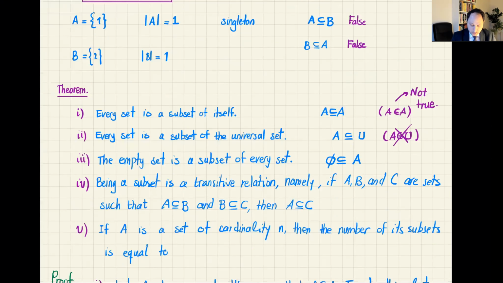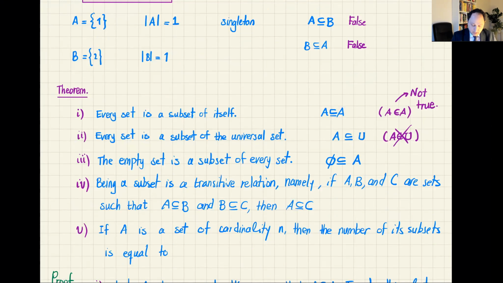So I go to this statement. Remember that the empty set is a subset of every set. For any given set, what is the biggest subset? Again, biggest in quotation marks.